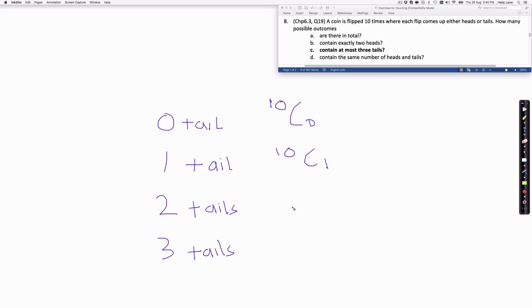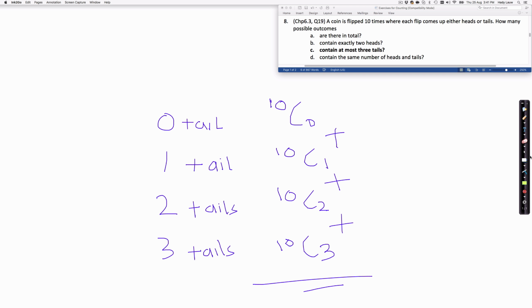For 2 tails, we have 10 choose 2, because we have exactly 2 tails. And for 3 tails, it's 10 choose 3. So at most 3 tails includes all these different cases. We just need to sum them up, because they don't overlap, so there's no double counting. The sum of all these numbers is the answer to 8C.